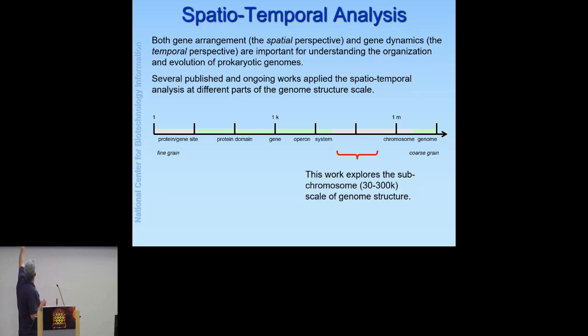If you go from fine-grained single nucleotide to the whole genome scale, we know a lot about dynamics on the single nucleotide level. We know a lot about evolution of protein domains, operons, and systems on the scale of a few kb to 10 kb. We are now looking at the sub-chromosome scales, from roughly 30 to 300 kb.